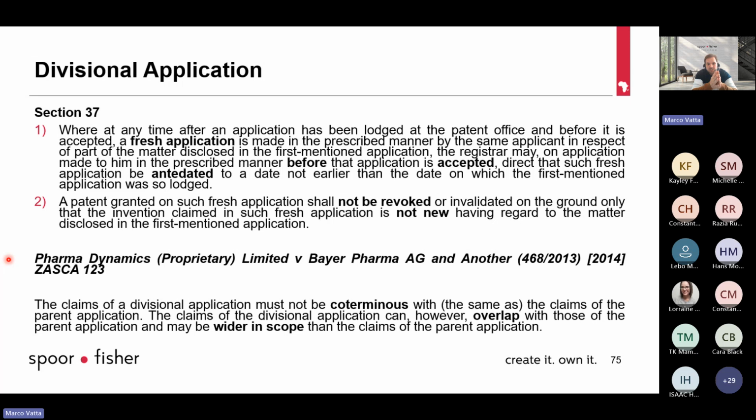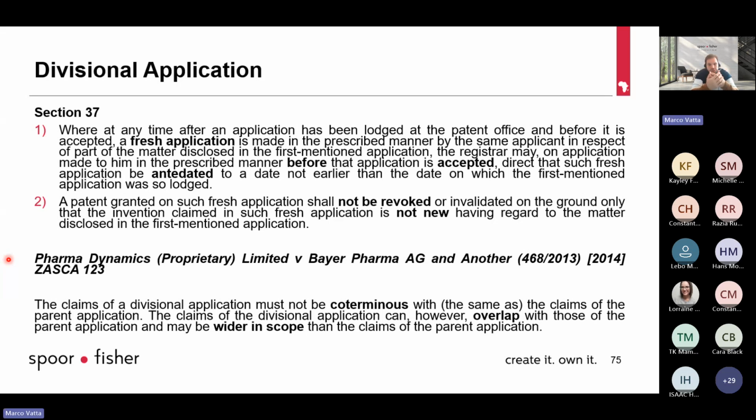Now, what a divisional application permits is for that specification to be divided out. So where you are granted a patent for the method of manufacture only and one for the compound only. So that is the purpose of a divisional application. It is to divide out the invention into the separate inventions.